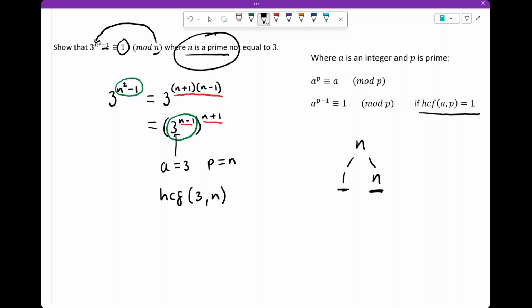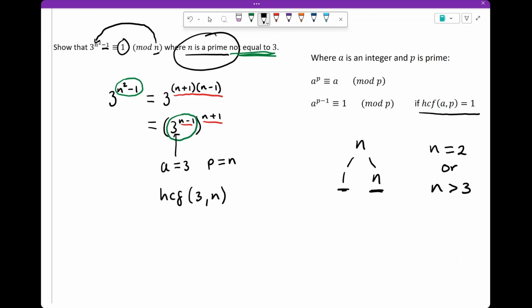Now, if it's going to be n, that means that n is going to be a factor of 3. So let's investigate whether that's possible. Now, given that n is not equal to 3, as stated in the original question, there are essentially two scenarios to consider. When n is smaller than 3, so therefore equal to 2, as that's the only prime number smaller than 3, or when n is greater than 3.